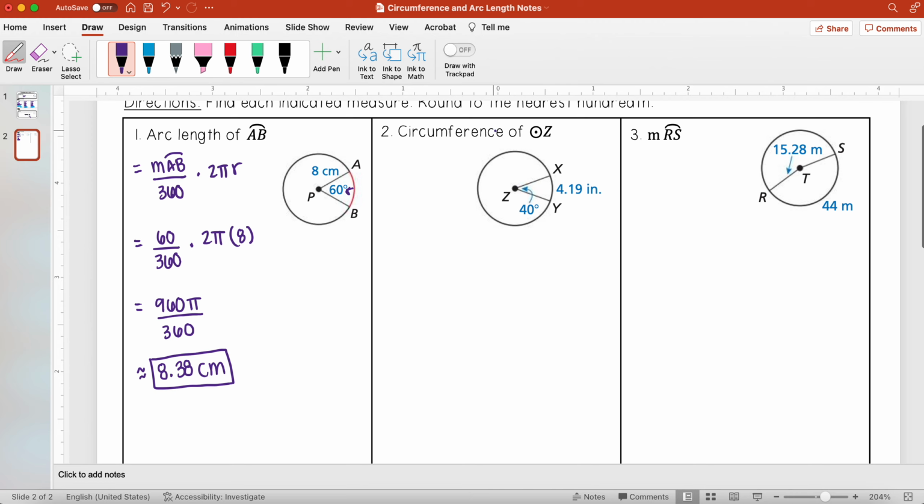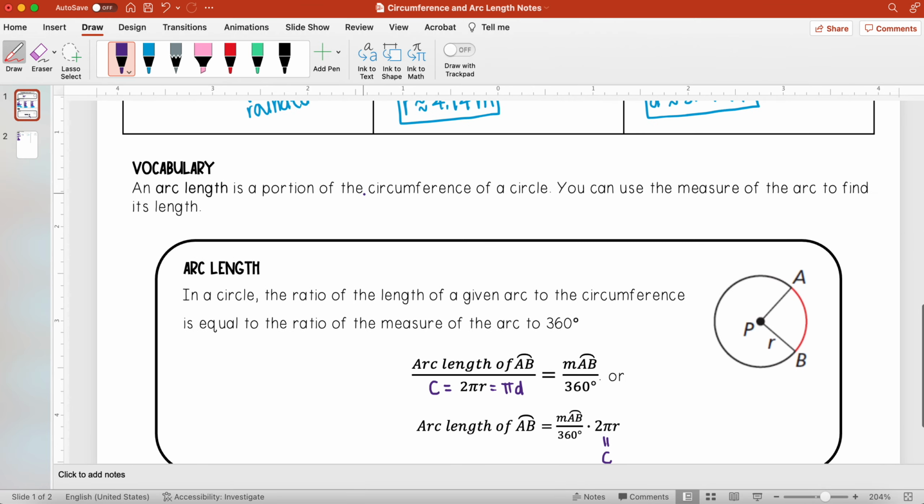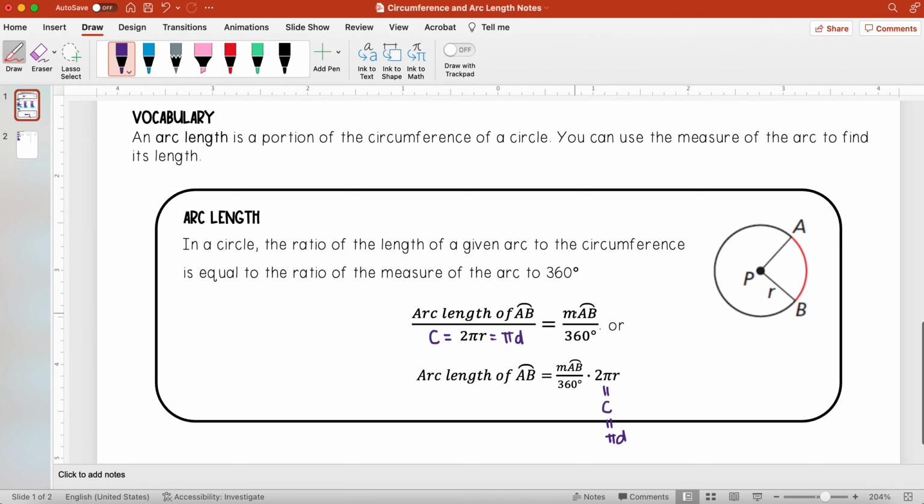Okay, now this next one's asking me to find the circumference. Looking at this picture, the central angle is 40 degrees, so I know that the measure of arc XY is 40. I know the length of XY is 4.19, but I want to know what the entire circumference is. To do this, I'm going to be using this top formula, but instead of writing 2 pi r at the bottom, I'm just going to write C, because I'm wanting to find the circumference.